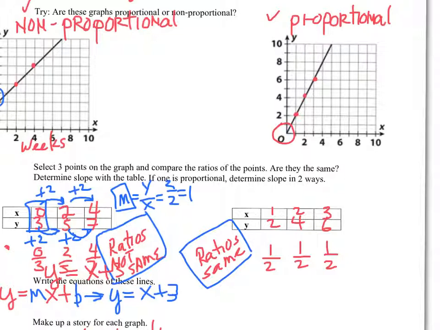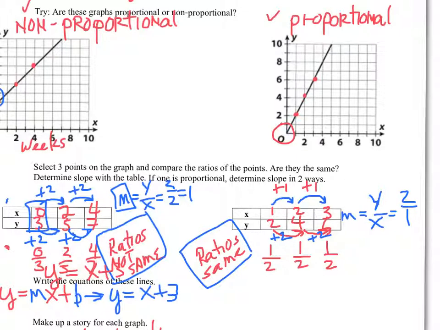Now let's check the slope. The x is increased by 1 as we go from point to point, and the y is increased by 2 as we go from point to point. Slope always equals y over x, so that would mean that the slope equals 2 over 1, which is the same thing as 2.